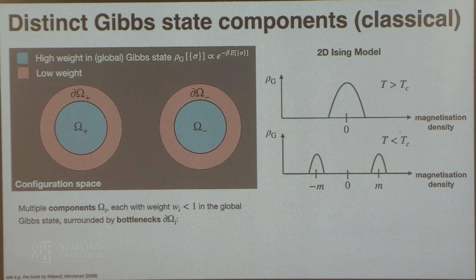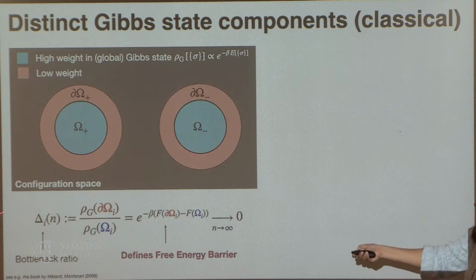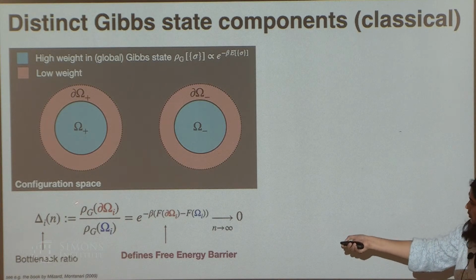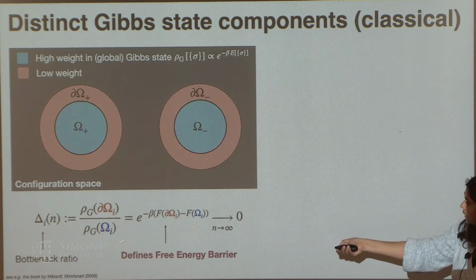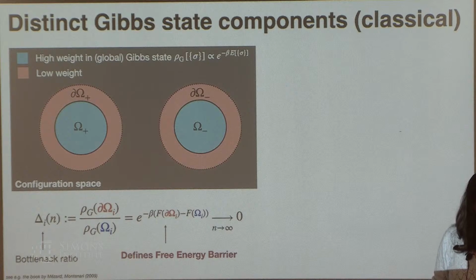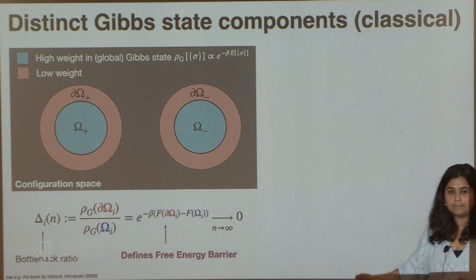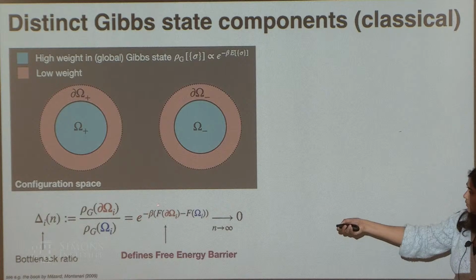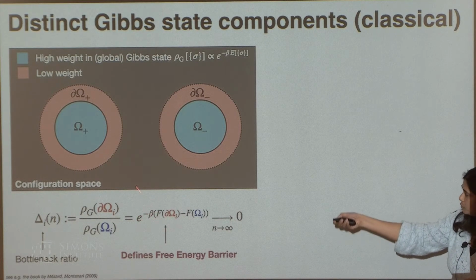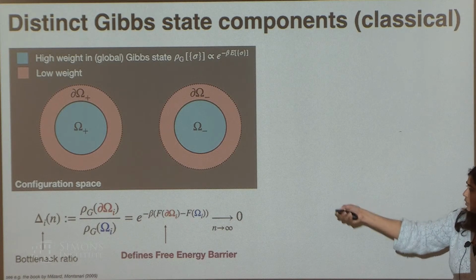Okay. Now, I can quantify this by defining this bottleneck ratio, which is just asking what's the weight in the global Gibbs state in this boundary region relative to the weight in the bulk. Since the Gibbs state is also e to the minus beta F, where F is the free energy, I can rewrite this as e to the minus beta times the free energy of this boundary region minus the free energy of the bulk region.